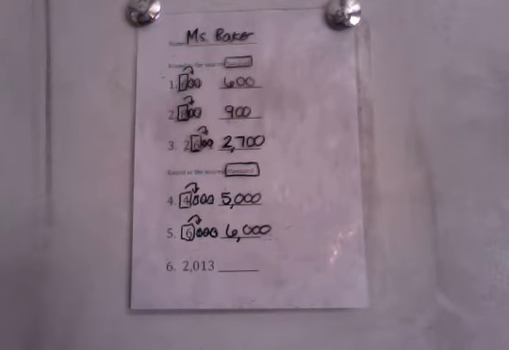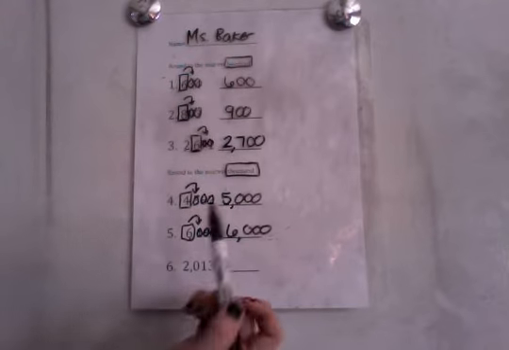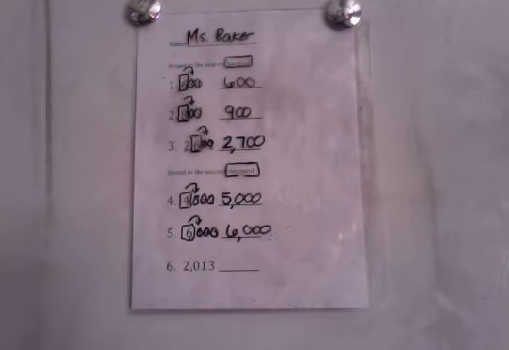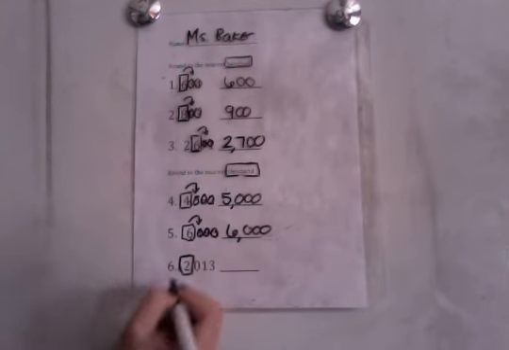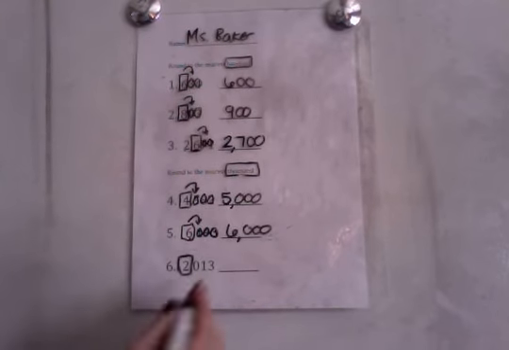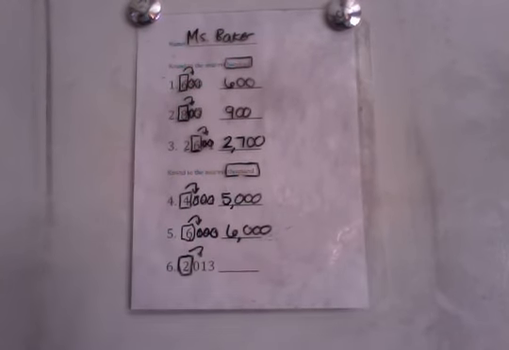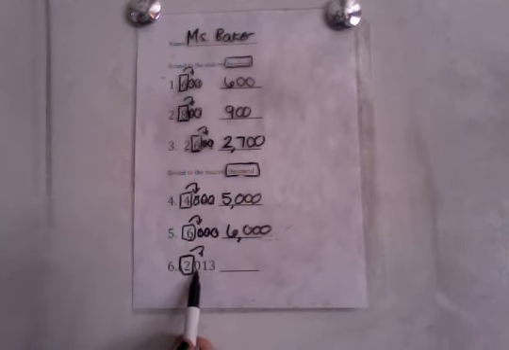Our last one, number 6, says 2013. Which place value am I rounding to? You got it, the thousands place. Let's put a box around our thousands place, which is the number 2. And we're going to look next door. Is this number here going to tell us to round this number to the floor or up the number line?